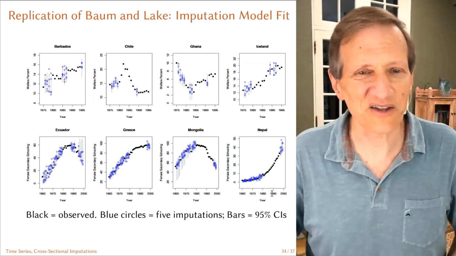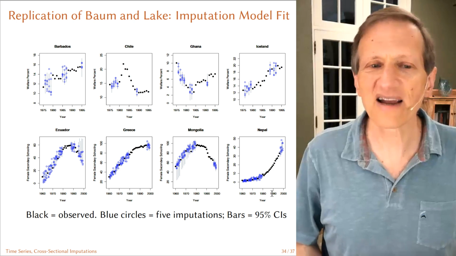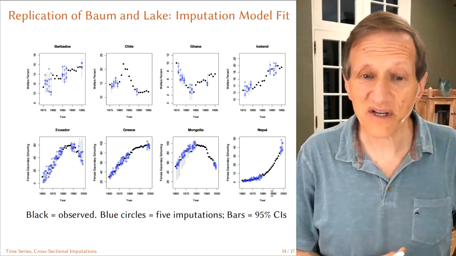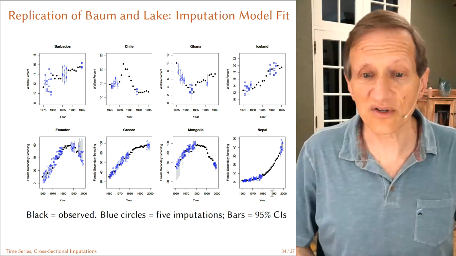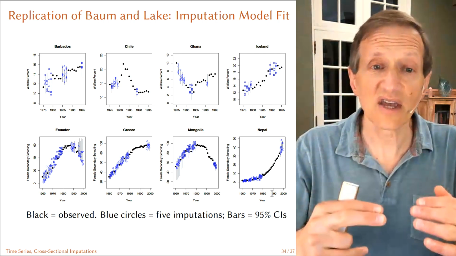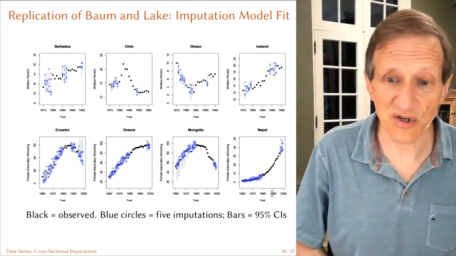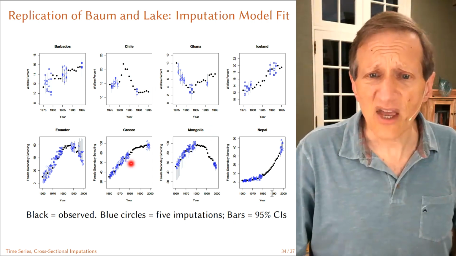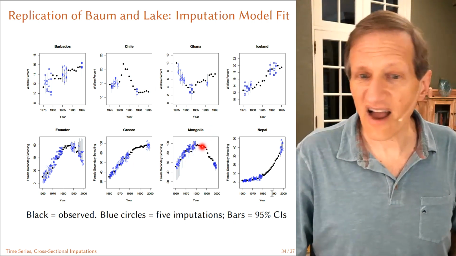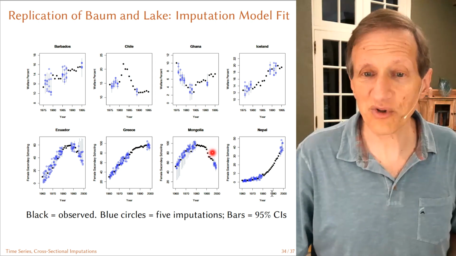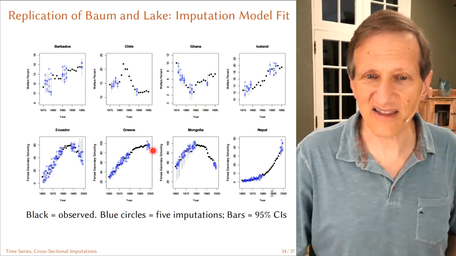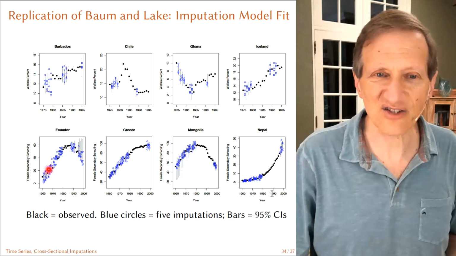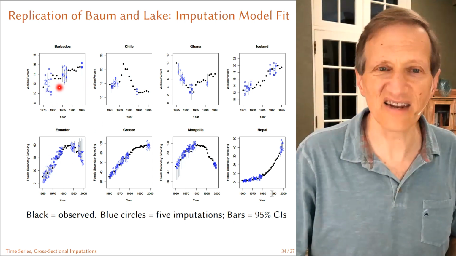Okay, here's another example where the black points are observed and the blue points in the circles are 5 imputations, where I have 95% confidence intervals so you can see it. I don't need to tell you what the truth is here, but it seems pretty clear that these imputations are pretty good, and from what we know about the data, it makes sense.